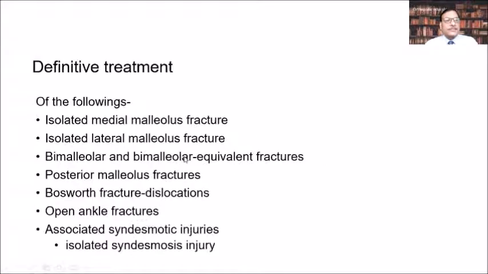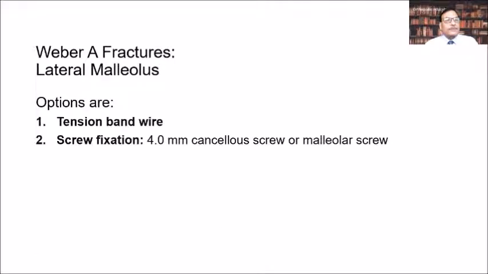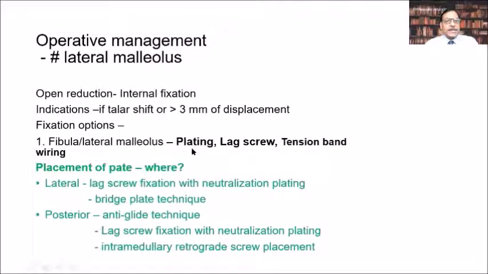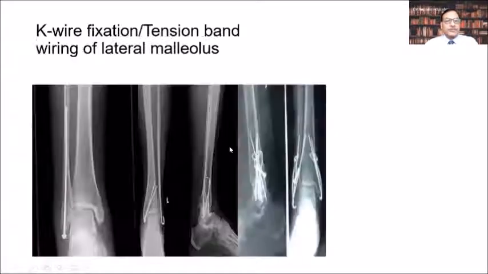Several analgesics will be given, and then definitive treatment for different types of the fractures. For the lateral malleolar fracture, tension band wiring or screw fixation are the options available. Sometimes plates as well. So plating, lag screw, tension band wiring, all three are part of the treatment.